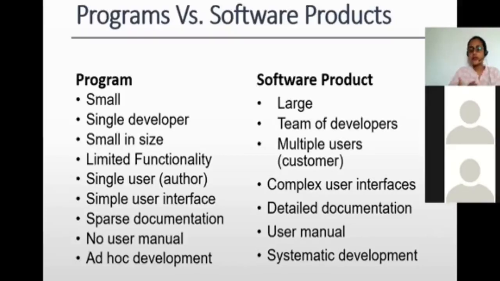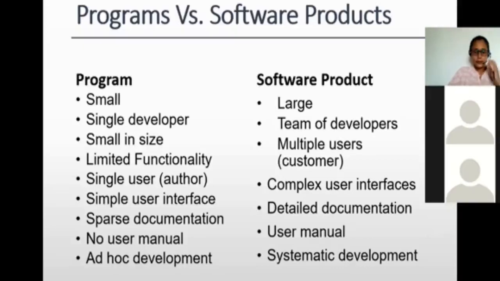But when it comes to software, a team of developers is there. When implementing something like Google, how many developers? There can be a number of developers for that kind of project. So when we are implementing software, there should be several developers. Not only one developer can do software.